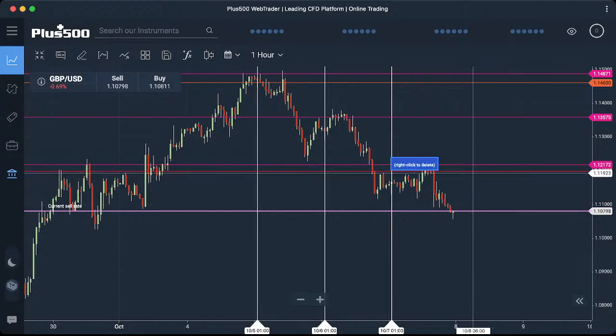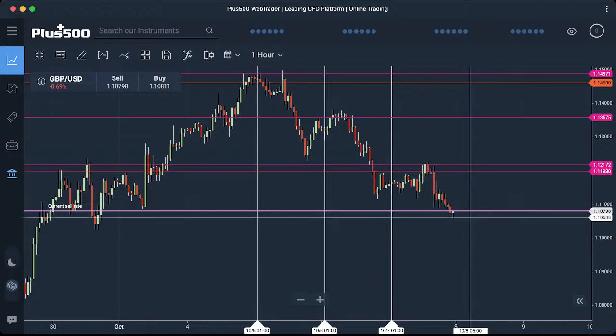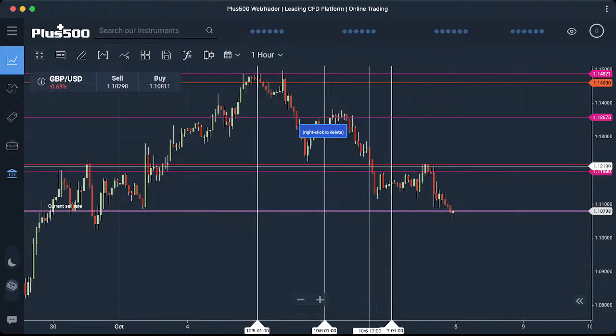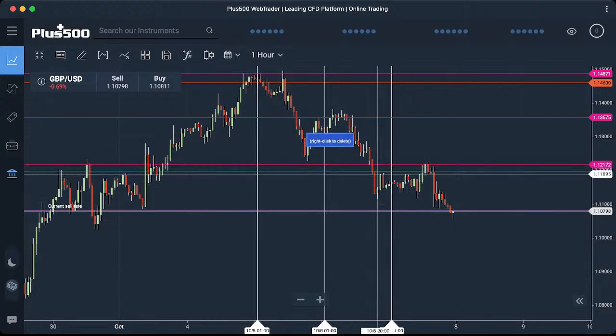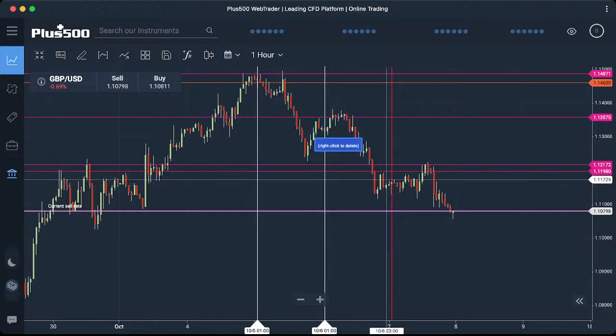I'm just putting this candle's low, and let me put another line at this candle's high. So between this candle's low and this candle's high, there is an area called fair value gap. Means the price didn't push up to that area yet.